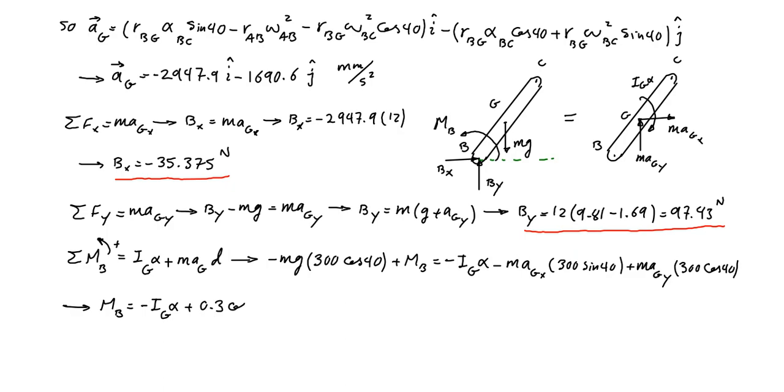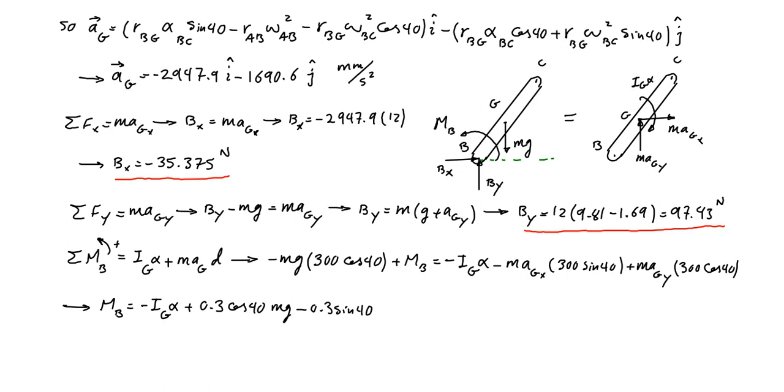Cosine 40 times mg, that becomes then minus 0.3 sine 40 m a G x, and sorry, this is not mg, we got the components of acceleration.